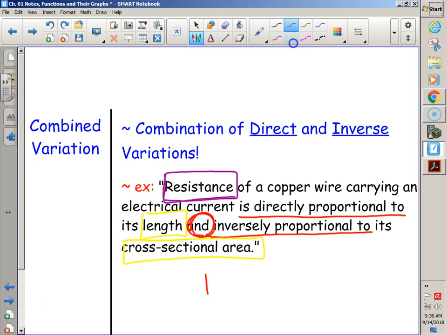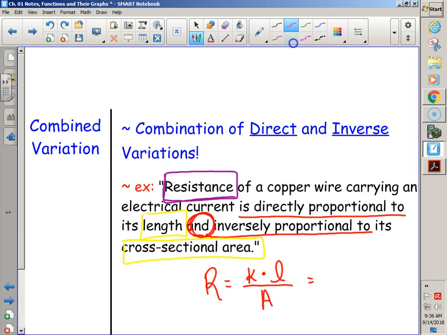So one equation still. Can we call R resistance? Is that okay? Directly proportional, can we say K times, now here's where it gets a little funny. Ready? We can say K times length. Got that? But inversely proportional would say the same K is being divided by its cross-sectional area.